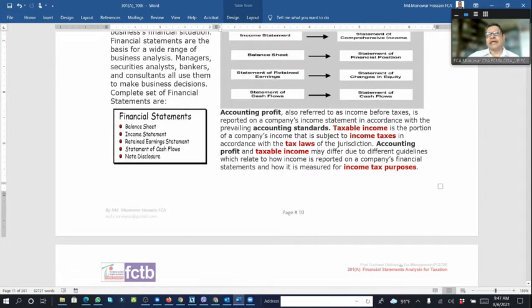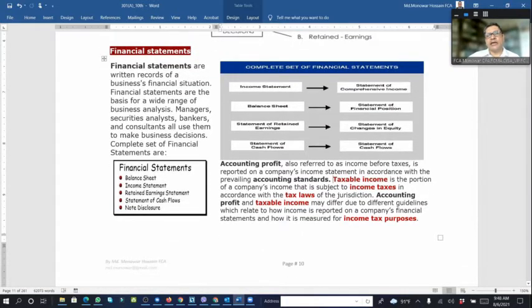Here, taxable income is the proportion of the company's income that is subject to income tax according to the tax law of the jurisdiction. Accounting profit and taxable income may differ due to different guidelines. So we will see why accounting profit and tax profit differ, and that is why deferred tax comes, which we will calculate later on.